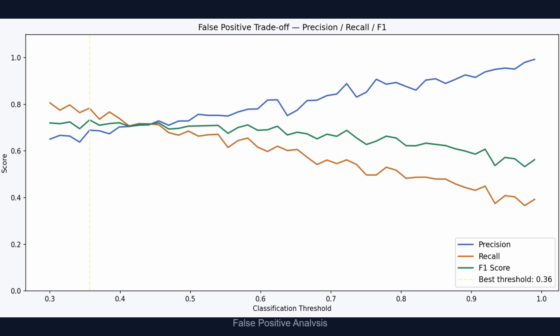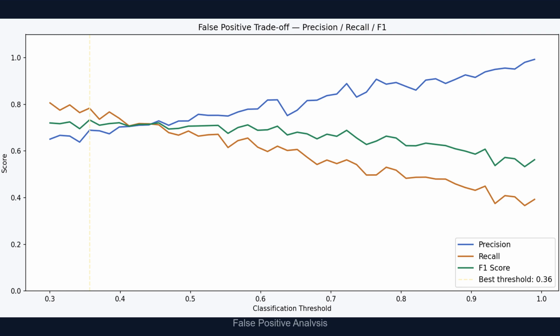The orange recall line falls, because higher confidence requirements mean more violations slip through. The green F1 line balances both, and it peaks at a threshold of 0.36. That vertical dashed line marks your optimal operating point for this model.